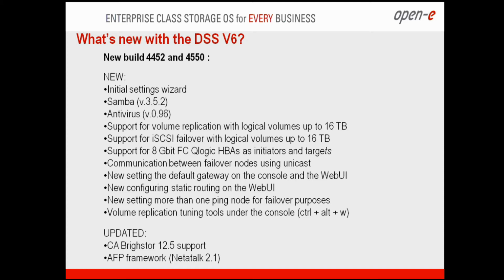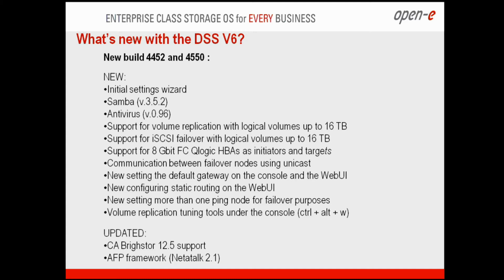We now have support for the 8 gigabit Fibre Channel QLogic HBAs, initiator and targets. Communication between failover nodes now uses unicast as well as the multicast that was previously set. We also have new settings for the default gateway in the console and the web GUI, and static routing in the web GUI as well.